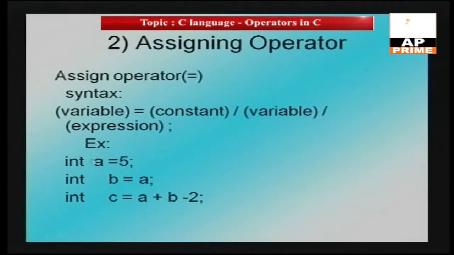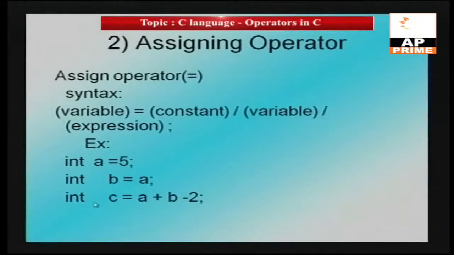See this example: int a equal to 5. A is a variable assigned with 5. Here the operator is equal to, assignment. Int b equal to a. B is a variable assigned with a, meaning b copies the value from a.